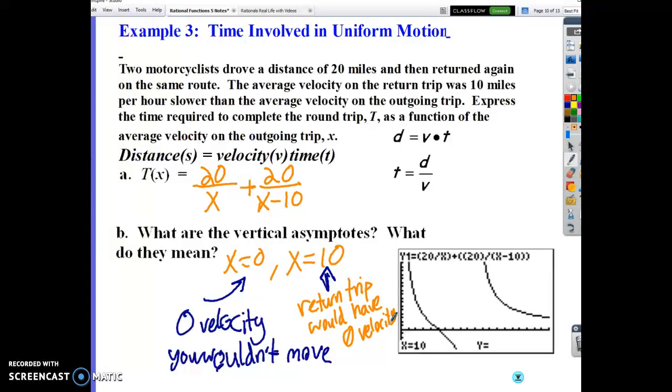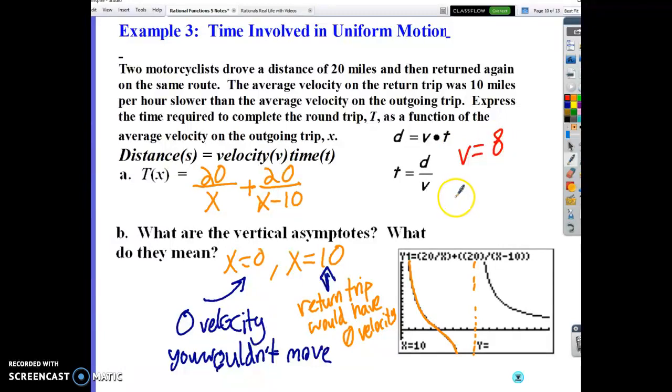So if we're looking at that graph that we've got down here in the corner, I'm going to highlight it in orange, but we see that we've got a part of a graph from 0 to 10. Okay, so I'm just going to draw that asymptote in right there. So we've got a part of the graph, but does that graph actually help us? Is it possible to have any of those velocities? Because think about this. What if you had a velocity equaling 8?